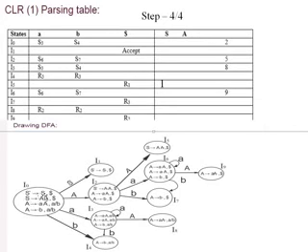Capital S tends to dot capital S. Here, what is step number one? I0 is moving to that particular position, capital S tends to dot S. So in place of S, I am going to write the number 1.